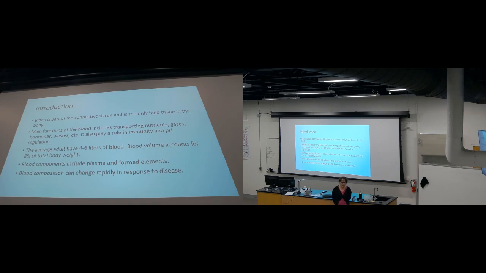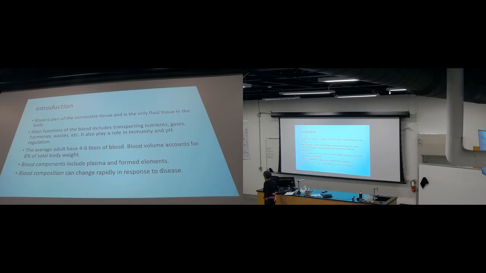So when someone increases their body mass, their body weight, it requires more oxygen, the erythrocytes form more, okay? And then the blood volume increases. So there are greater chances of having high blood pressure with this phenomenon.